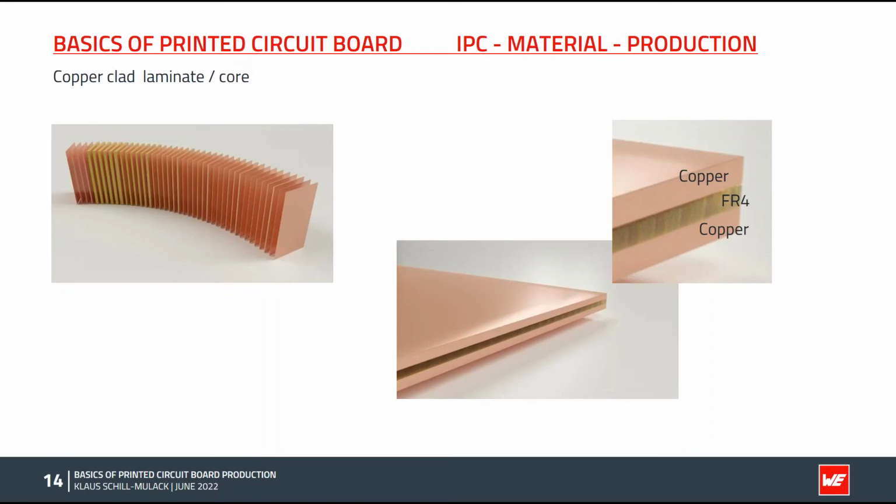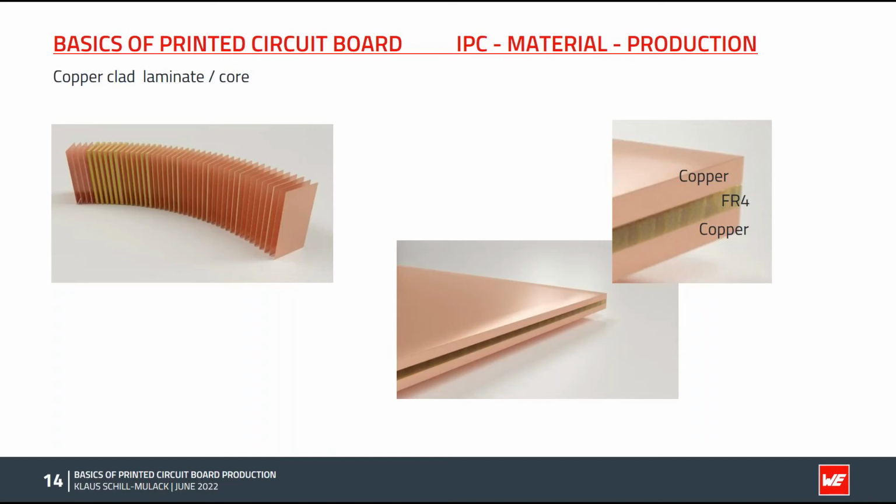Core thickness could be from 50 micron up to 100, 200, 400, and even more, of course. The TG values for standard FR4 materials are 135, 150, and 170 degrees. These materials are, I would say, called standard at Würth Elektronik and even in Europe.